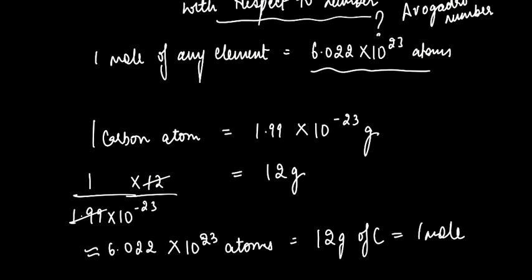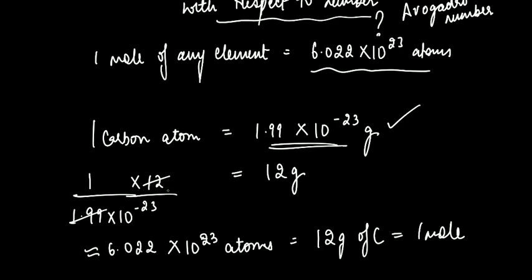So remember one thing, every element has a different number of protons, neutrons, electrons. So this weight will be changed. You can search online what a magnesium atom, one single atom's weight is. Take that value, then again do this: 1 divided by the value of the magnesium atom and into its gram atomic mass.